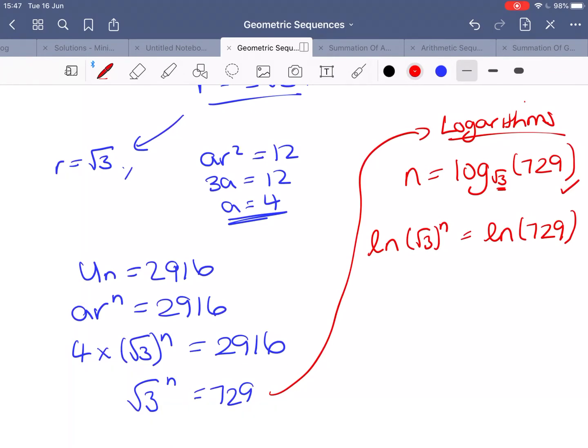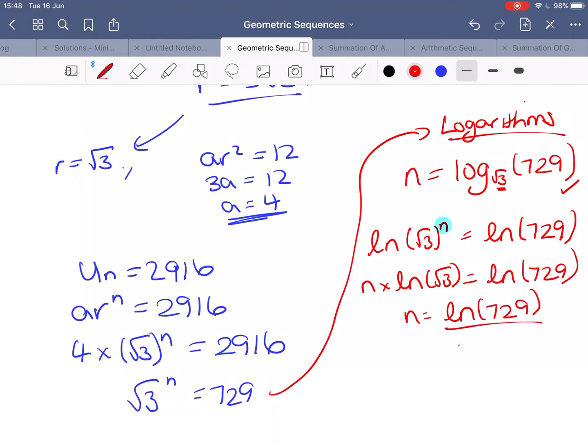Thinking about our log laws, how do I get this power out of inside the argument of the log? Well, remembering our log rules, that means n times the natural log of root 3 is the natural log of 729. And so n is the natural log of 729 divided by the natural log of root 3.